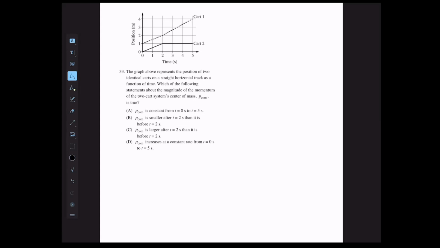The graph above represents the position of 2 identical carts, and the magnitude of the position's center of mass. Okay, so at point T, during this, the slope is 1/2, and the slope of this is 1/2, and during this, the slope is 0, and the slope for this is 2/3.